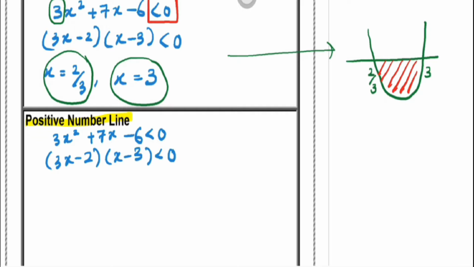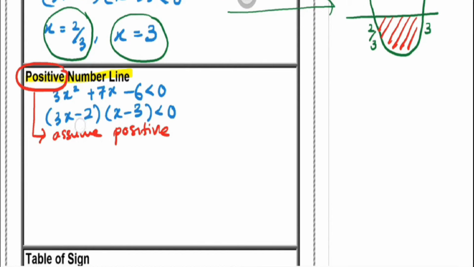And because it's positive number line, we have to assume positive. Okay, apa maksud? Maksudnya, kita kena assume kedua-dua faktor kita ini adalah positif. Apa maksud positif? Maksudnya, dia adalah greater than 0. Sama juga dengan another factor, dia adalah positif, jadi dia akan greater than 0. We assume dia sebagai positif.